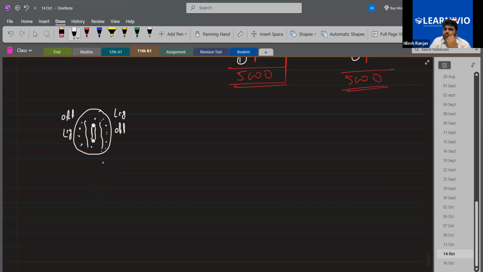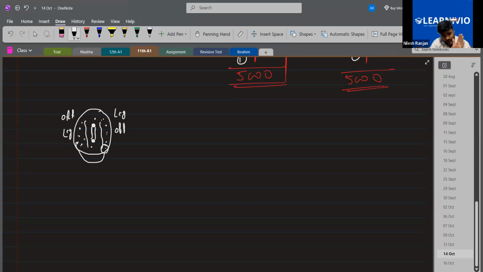So what do we have to do? We transfer a player from here to the offside, so that there are 5 players on the offside and 4 on the leg side. To correct this situation, I have changed the place of a player.